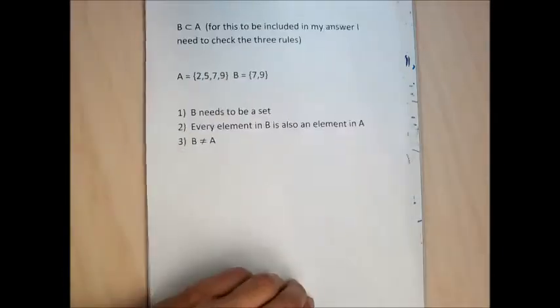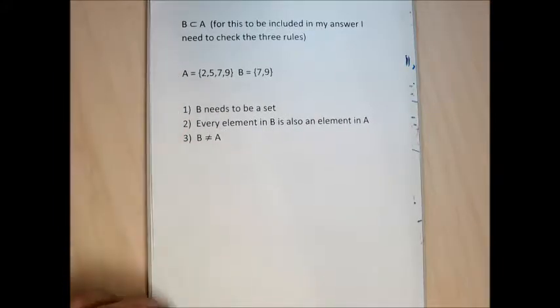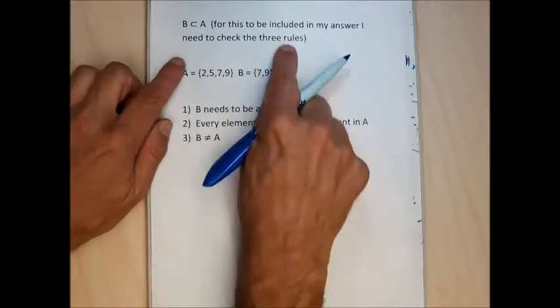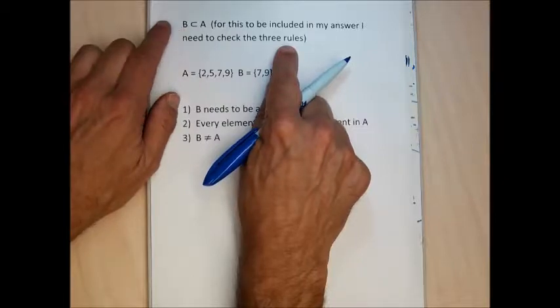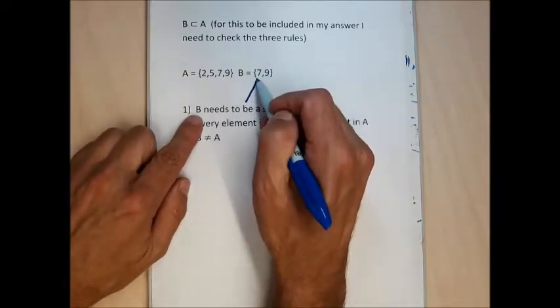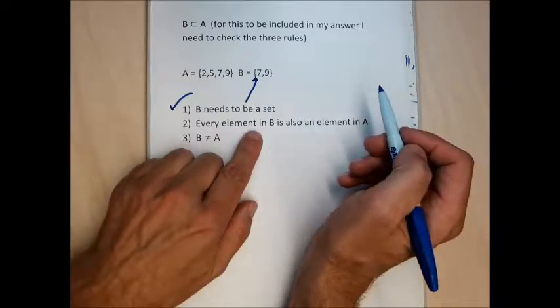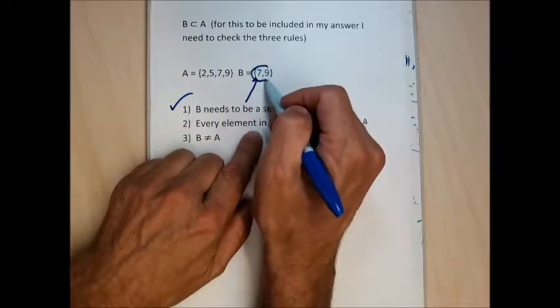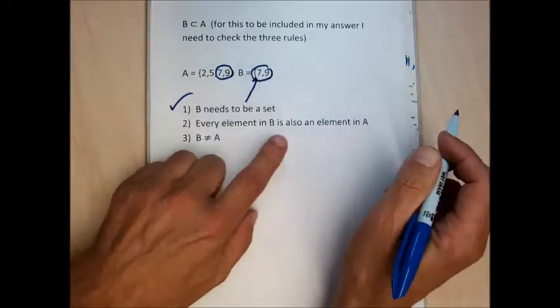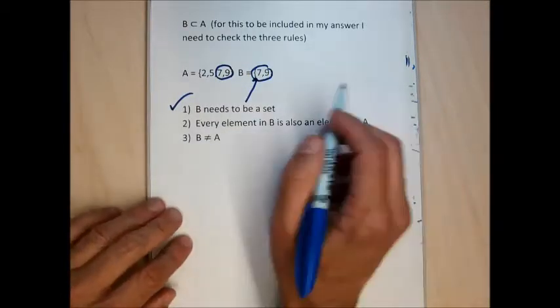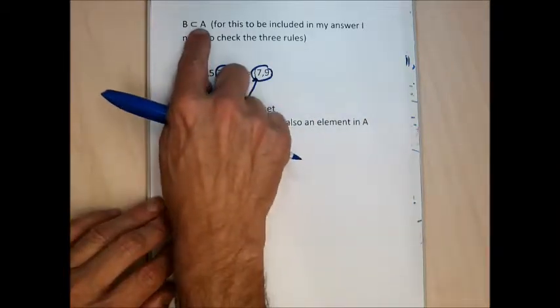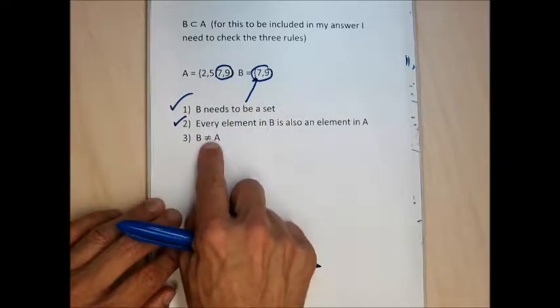The last symbol I need to check is to see if B is a proper subset of A. So I'll go through the 3 rules for B to be a proper subset of A. The first rule, B needs to be a set. It's in set braces, so it's a set. Second rule, the 2 elements in B, 7 and 9, also have to be in A, which they are, so it satisfies the second rule. And the third rule for proper subset is the 2 sets can't be equal.